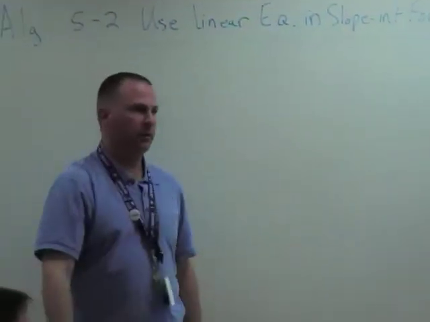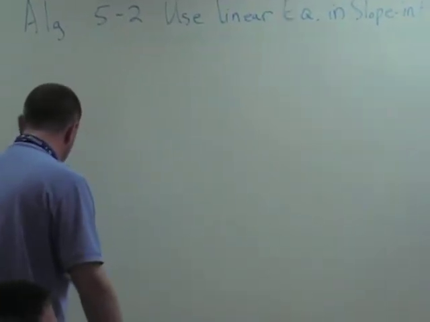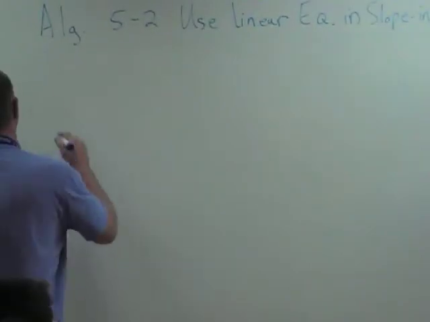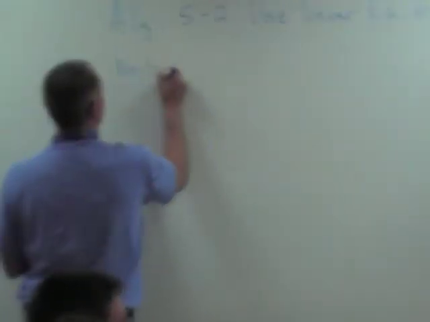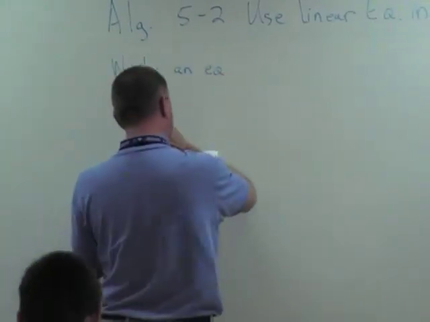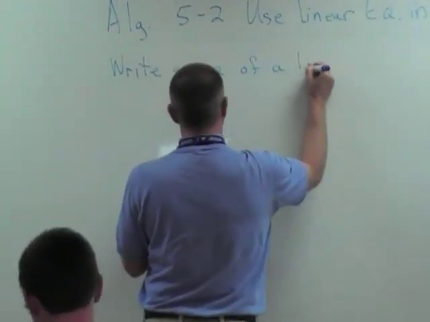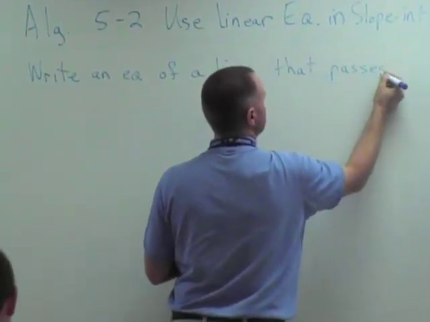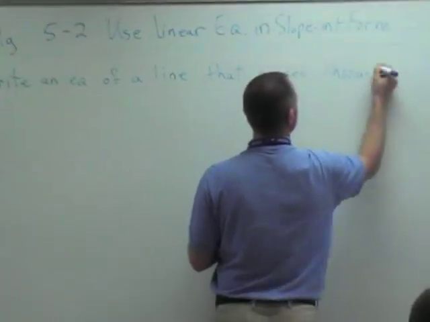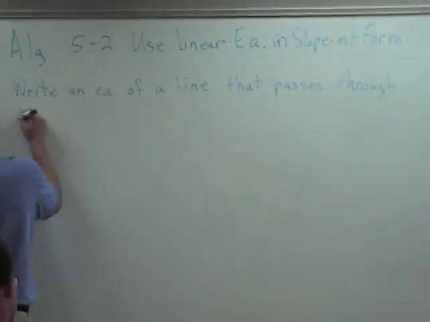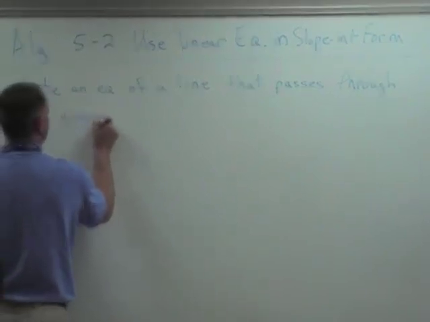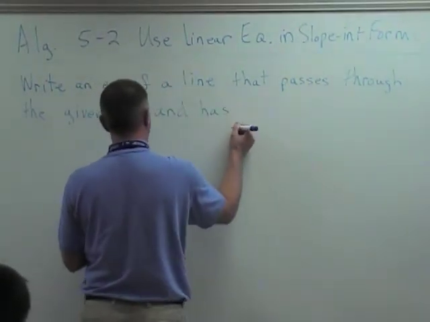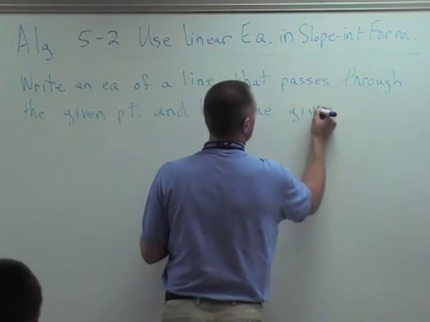Okay, using linear equations in slope-intercept form. All right, so here we go. Write an equation of a line that passes through a given point and has a given slope.